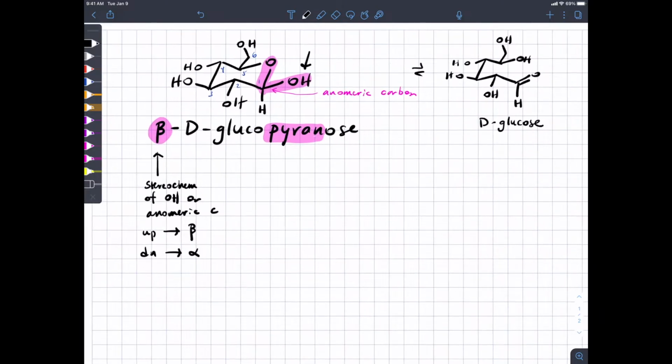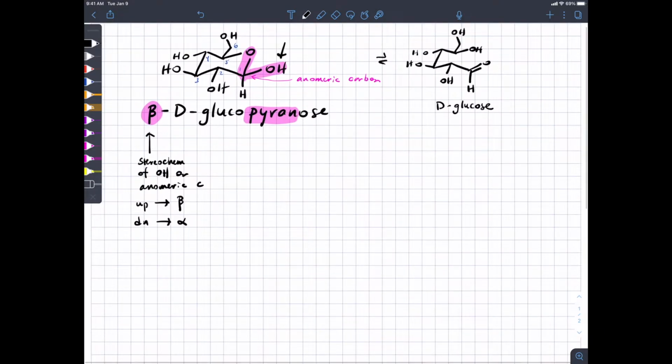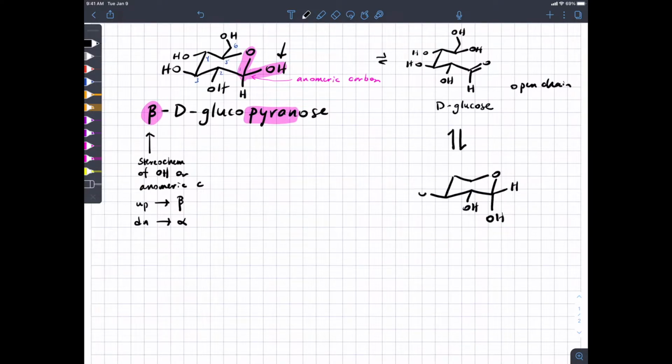So there is another form of glucose that's also in equilibrium with beta-D-glucopyranose and its open chain aldehyde form, and that is the form where the OH group on carbon 1 is down. And we'll call that alpha-D-glucopyranose.